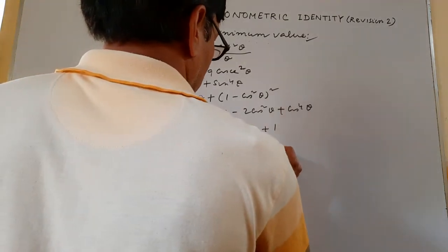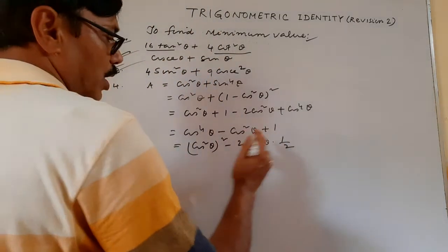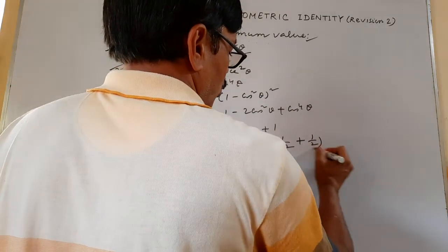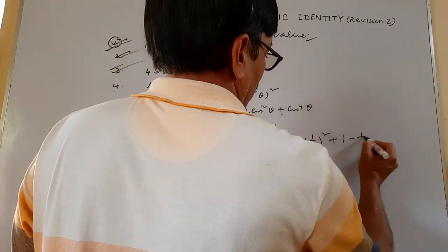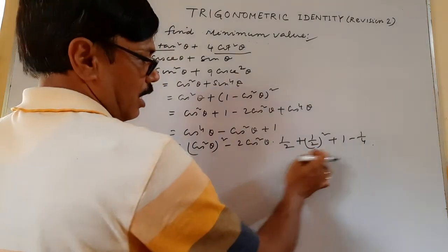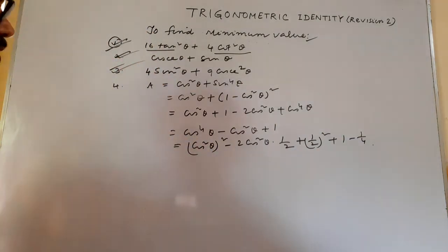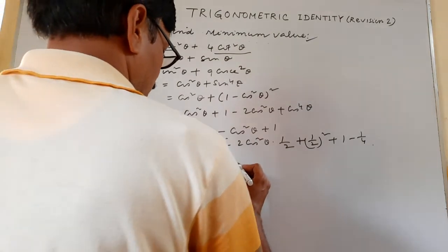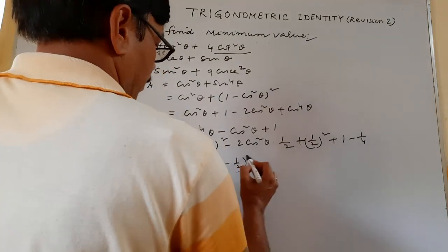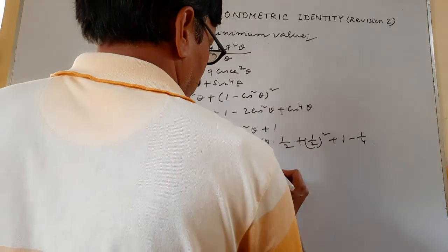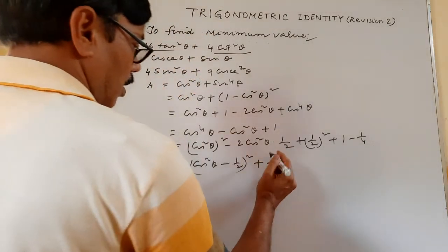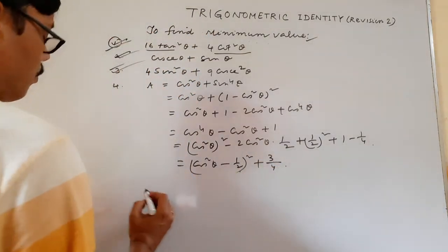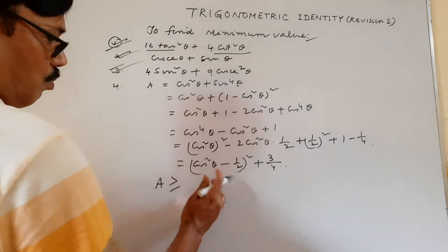So this is (cos square theta) whole square, minus 2 cos square theta. To make it a square, make it half: (1 by 2) whole square. So 1 minus 1 by 4. This is extra, this one is balance. So (cos square theta minus half) whole square plus 3 by 4. Now this is a square number. Obviously this is positive.